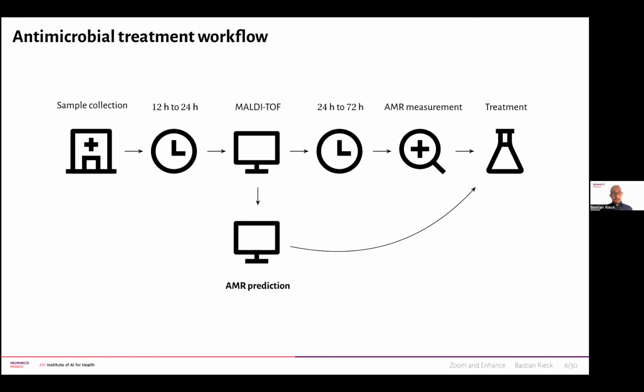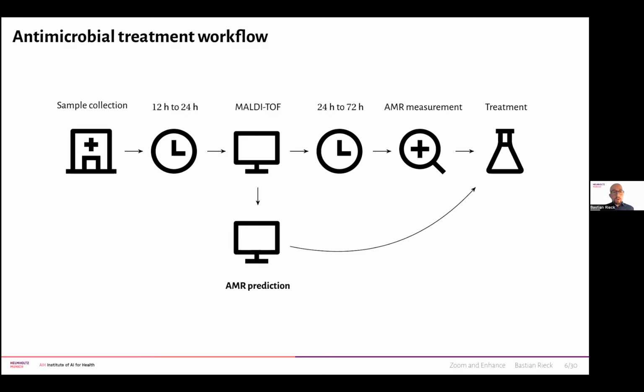There are also some kind of mixed cases, but we're going to ignore this in this talk because it goes a little bit beyond what I want to talk to you today. But anyway, from these measurements then, the treatment decision is being made by the clinician or by the physician. So based on the results of the long cultured samples and the AMR measurements, you will be prescribed a specific antibiotic, and hopefully this will combat the effects of the infection.